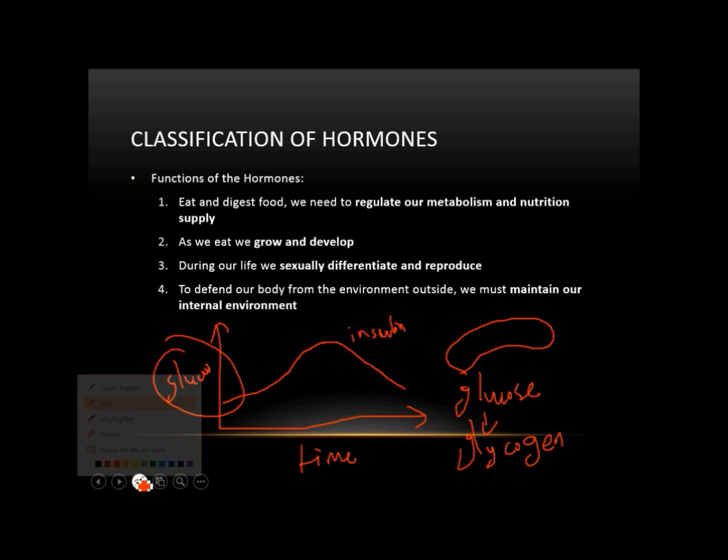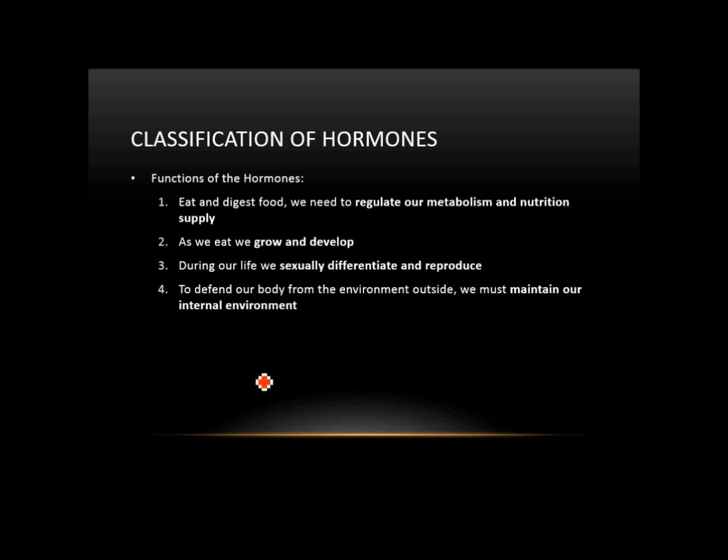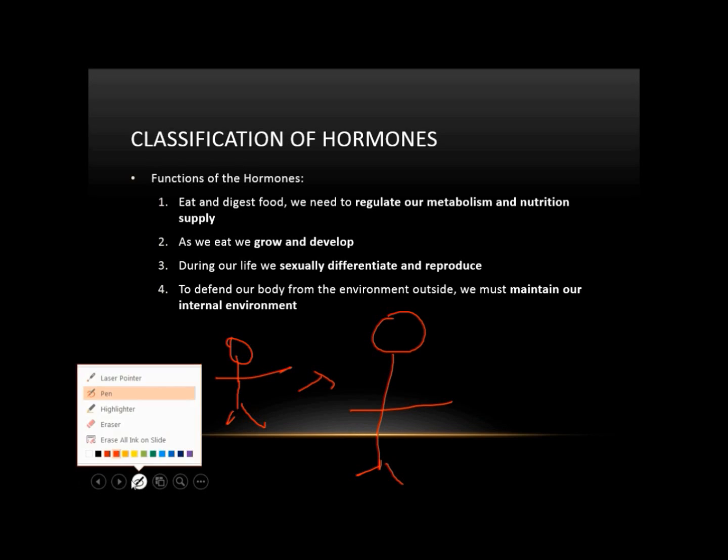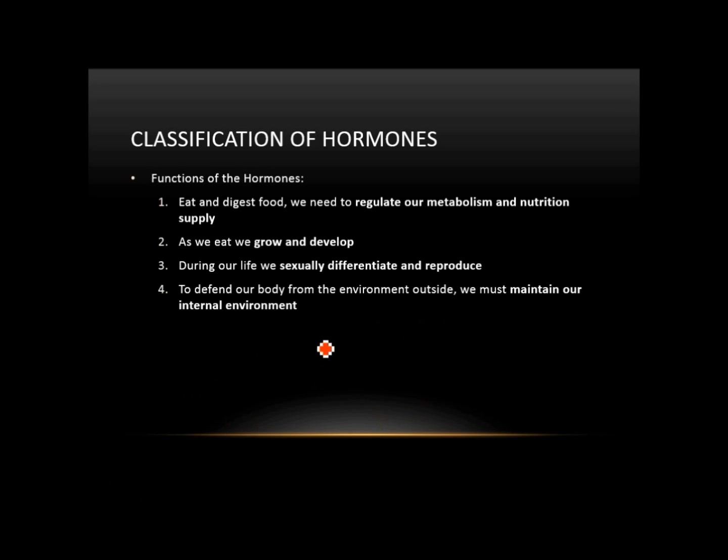It regulates the direction, whether we build up glycogen from glucose, or break the glucose down to produce energy. As we eat, we grow and develop by growth hormones, so we can grow. To sexually differentiate and reproduce, there are testosterone and progesterone.